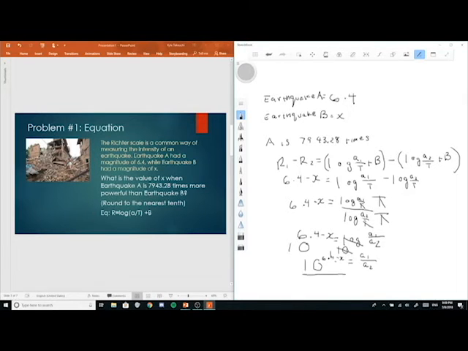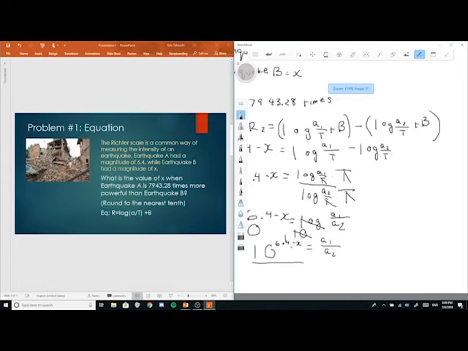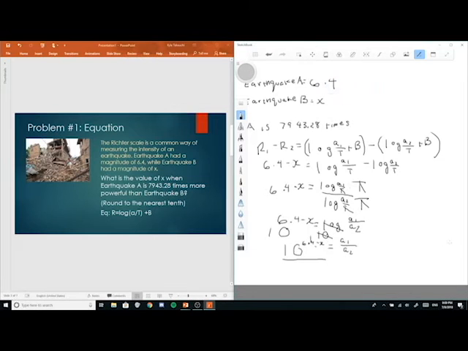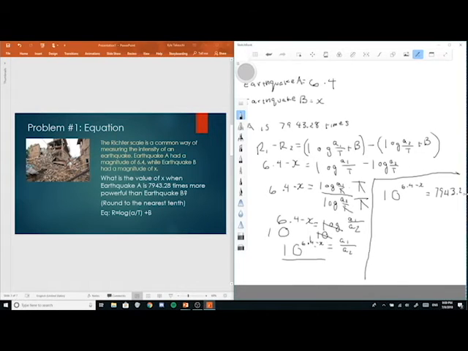So basically what this is saying is that these can be equal to each other, which means we can set these equal to each other. When we do that, we get 10 to the 6.4 minus x equals 7,943.28.